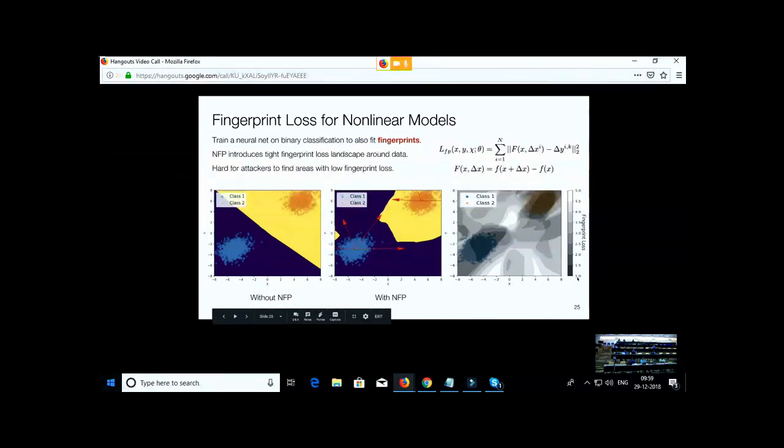And so it is easy for us to distinguish between the real data and all the regions that are not the real data by looking at this fingerprint loss. Ideally, if we want to properly detect all adversarial examples, the fingerprint loss should have its minimum on the real data, and be always provably higher outside of the real data.